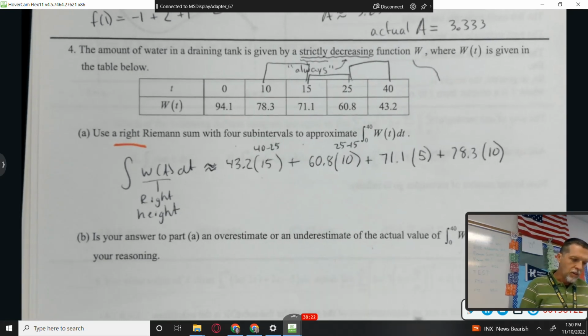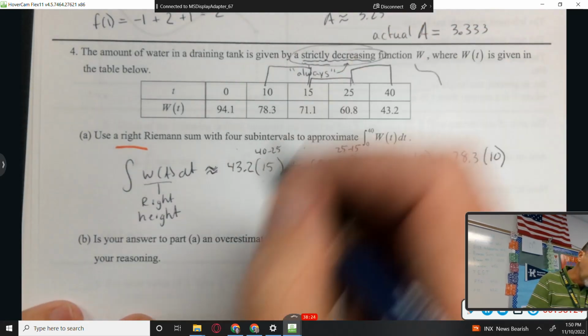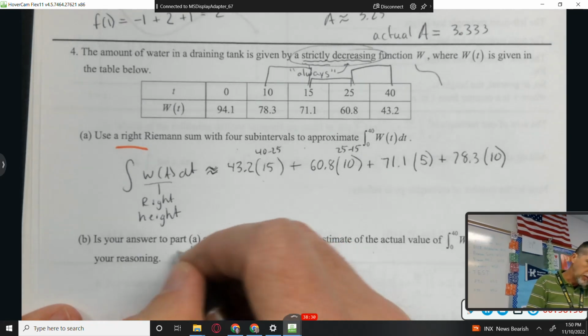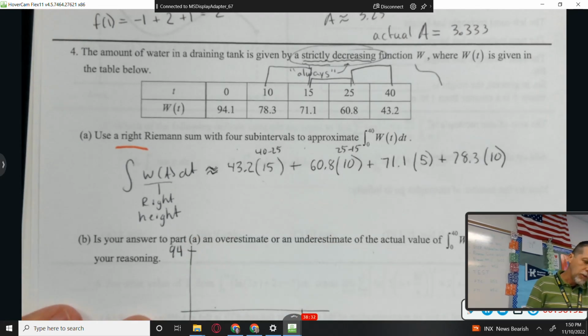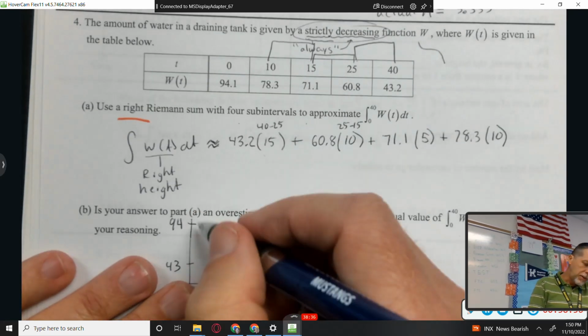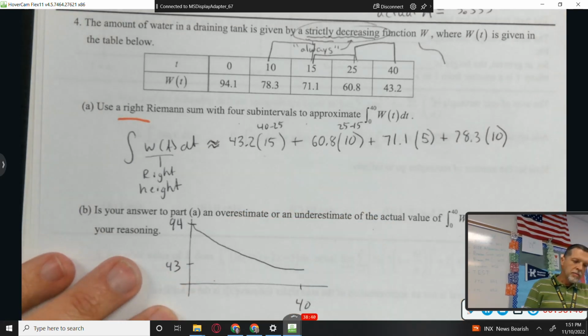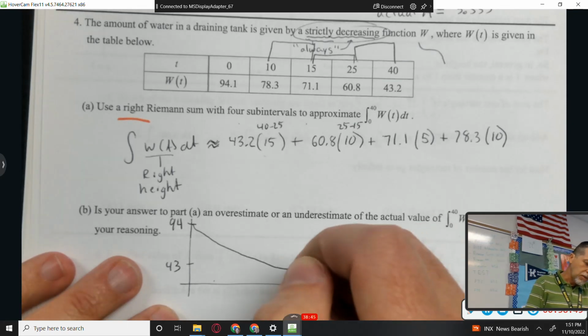Okay, well, it was strictly decreasing. So if I draw a sketch from 0 to 40, it doesn't even have to be very accurate. I'm going to go from 94 down to 43, and it's got to be decreasing the whole way. And I do right sums, right rectangles.